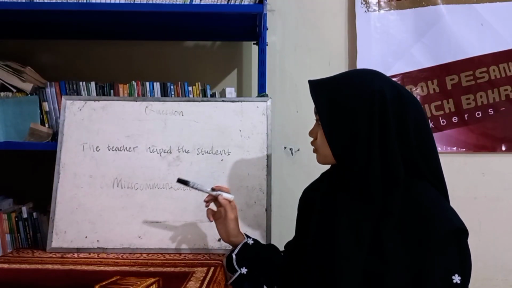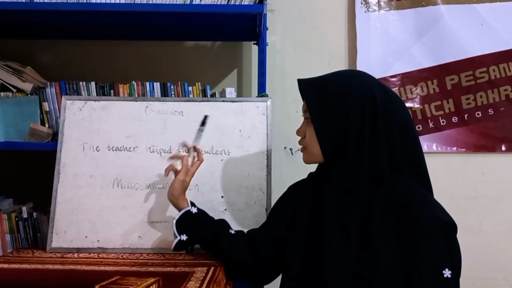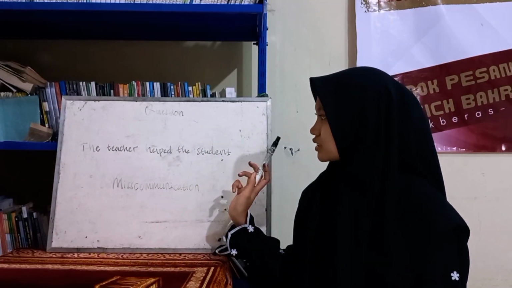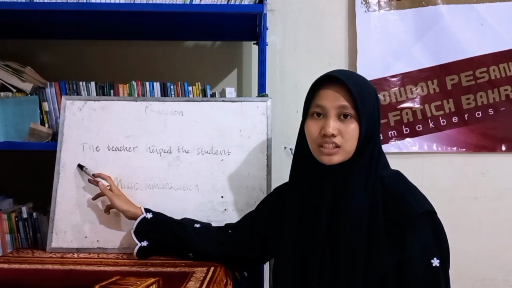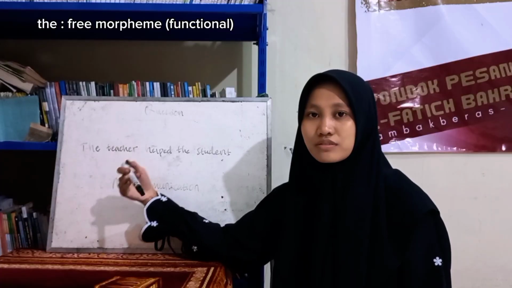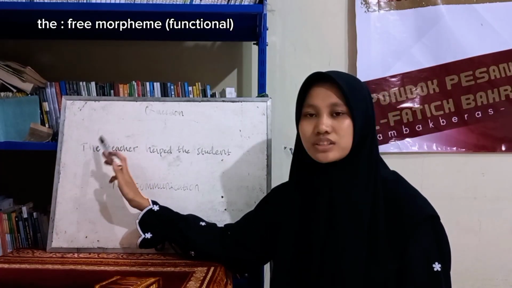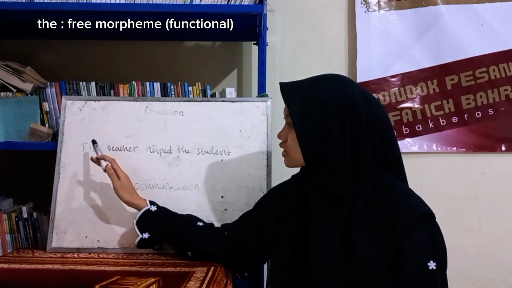So if the question is to identify the morphemes from this sentence, the teacher helped the students, the word the is a free morpheme, and the kind is functional morpheme.